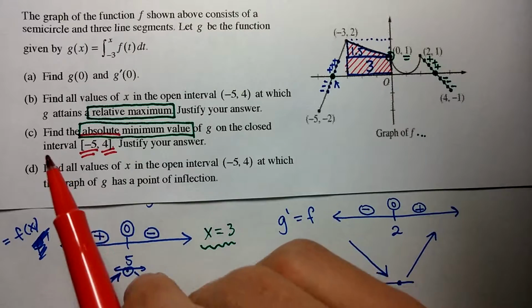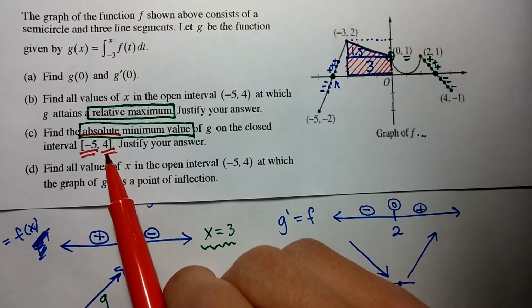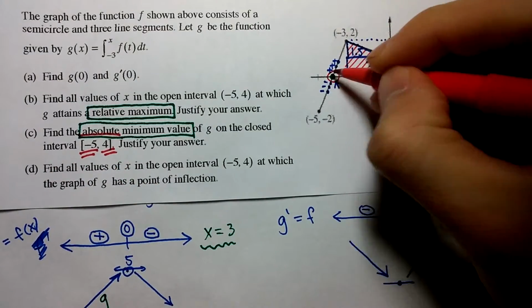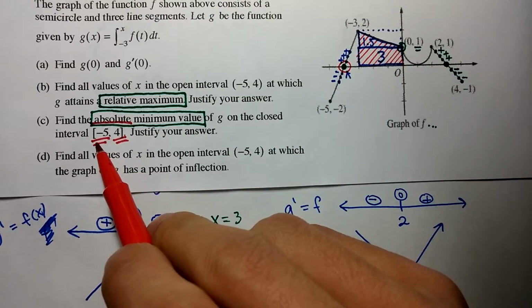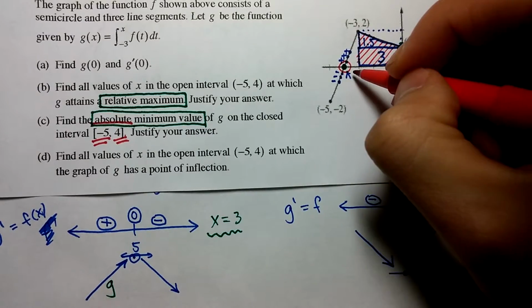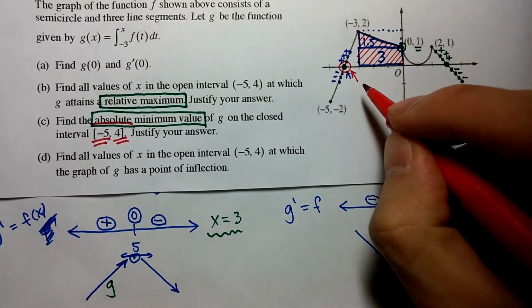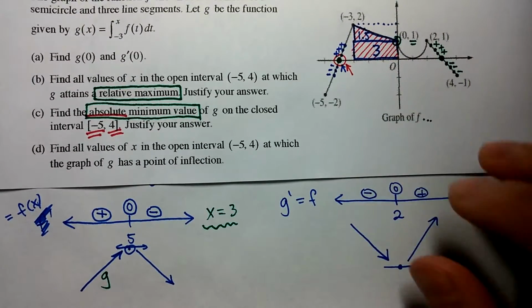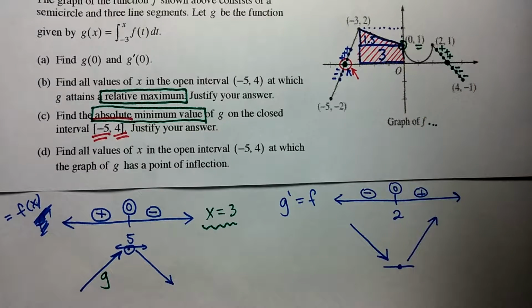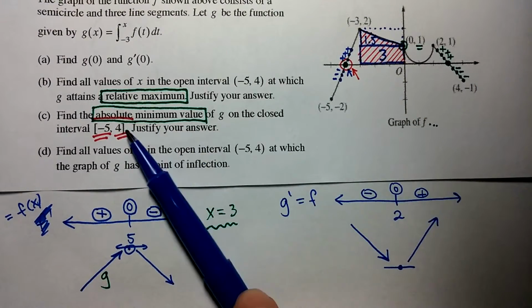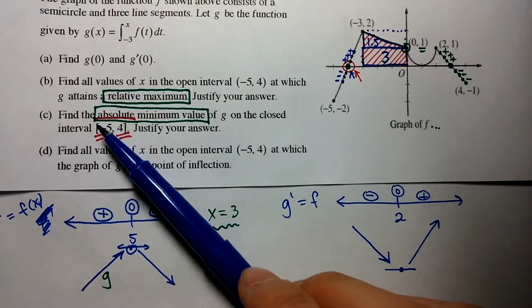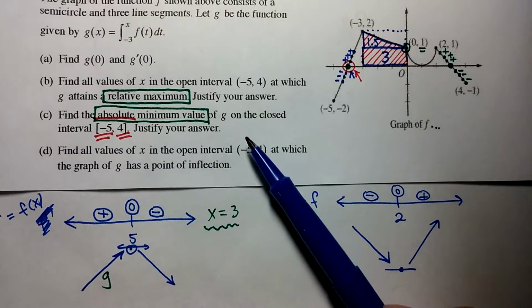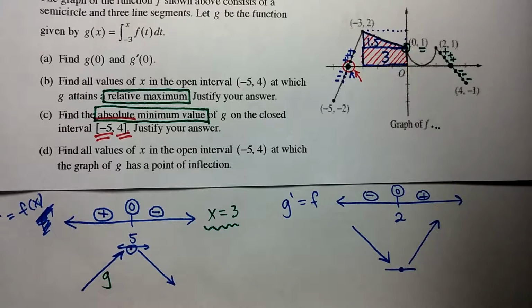Okay, so we have to check negative 5, positive 4, and then our candidate here, which is at negative 4, is also a candidate. Okay, so you can simply check that. If you want the actual minimum value on g, then all you got to do is plug these numbers in to g and see which one gives you the smallest value.